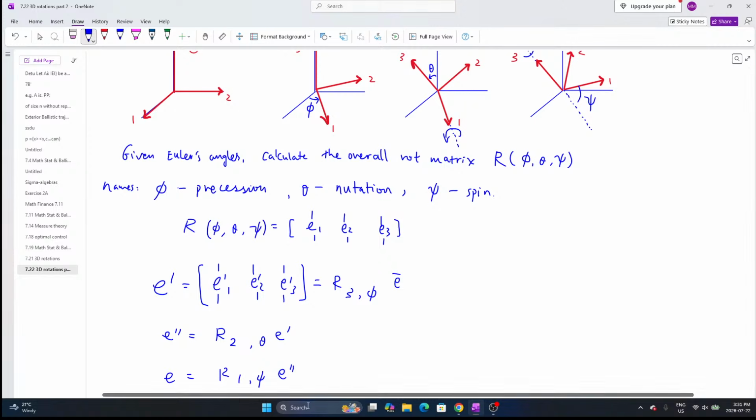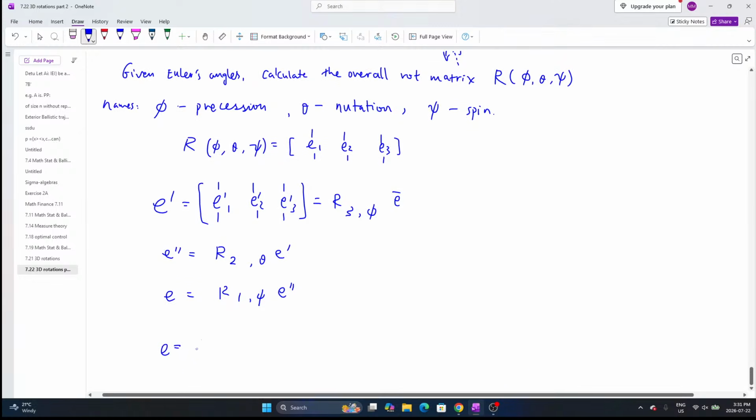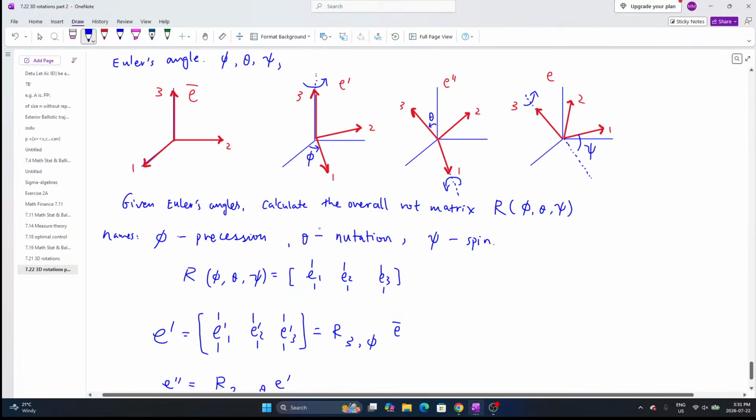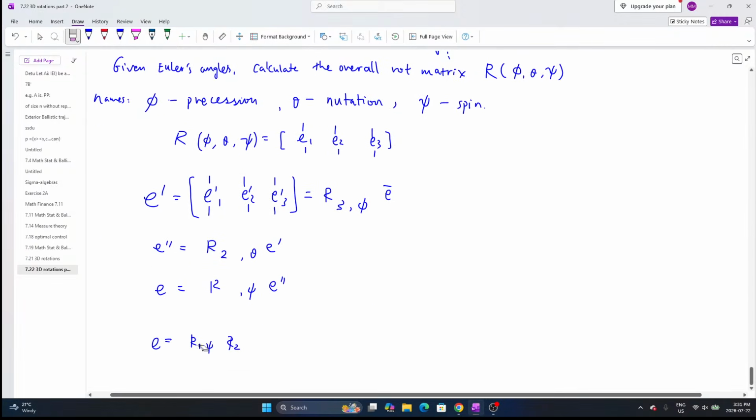So according to this rule, E is R3 psi, which is the last step, and then times R1 theta, and then times R3 phi E bar.